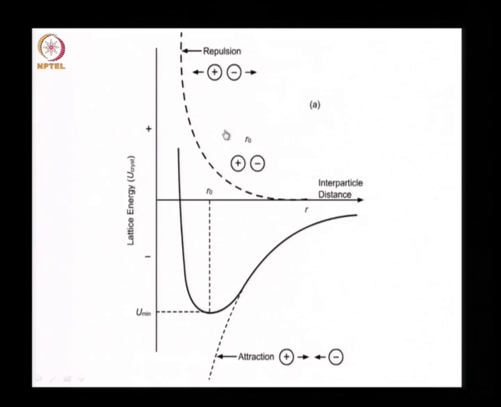So, for a strong bond, say an ionic bond, you will find that this part is lower, that is, the lowest energy that we see is more. So, this part, which is called the well, is deeper for a more strongly bonded material.